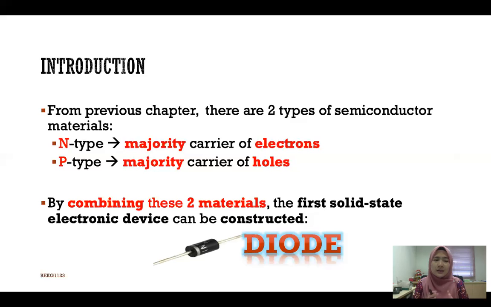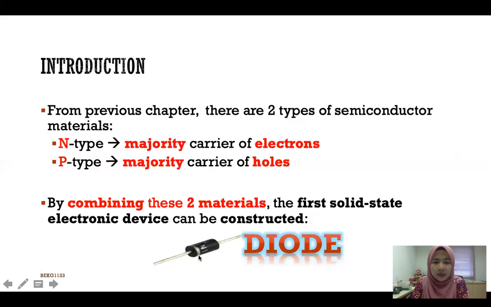When you combine these two materials, the N-type and the P-type material, you can construct a solid state device, which we call the diode. So a diode is made of N-type and P-type semiconductor materials. This is the figure of a diode.